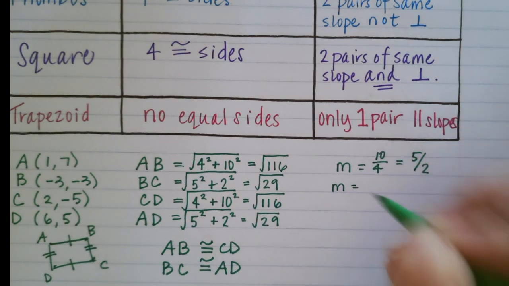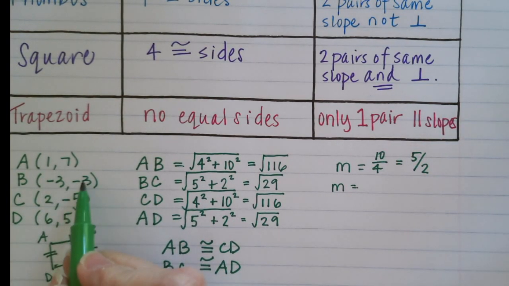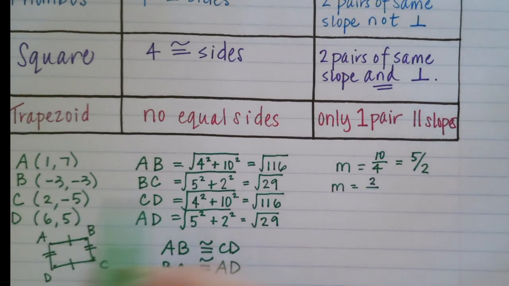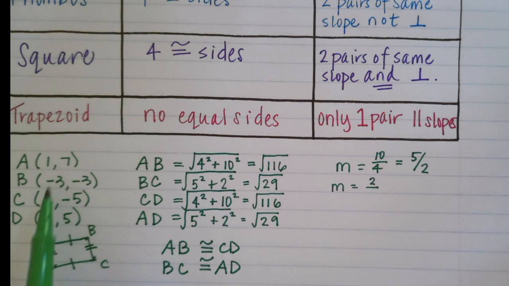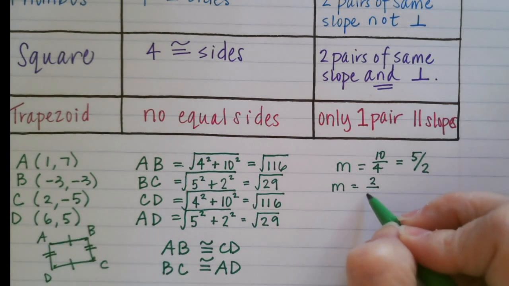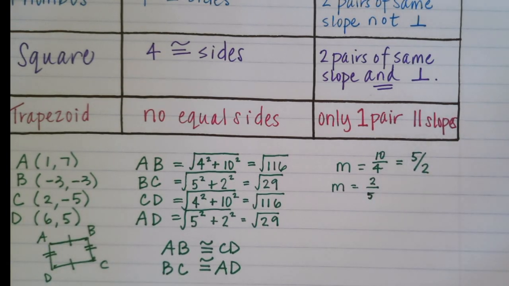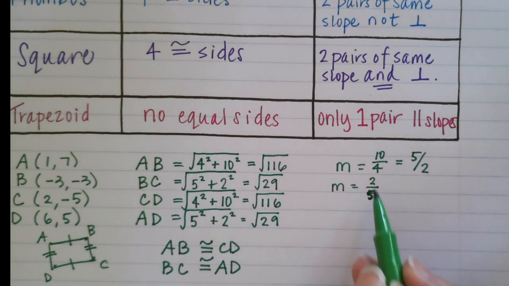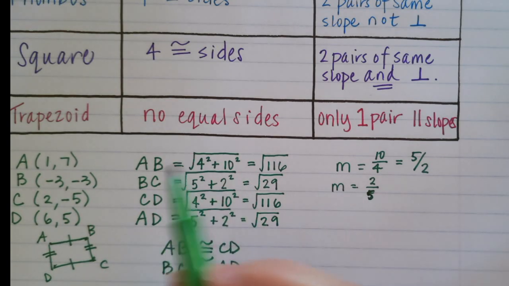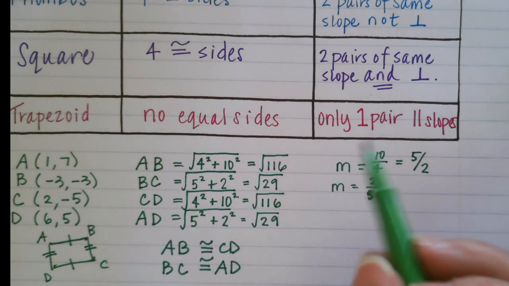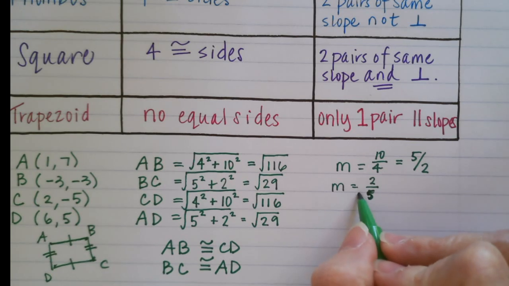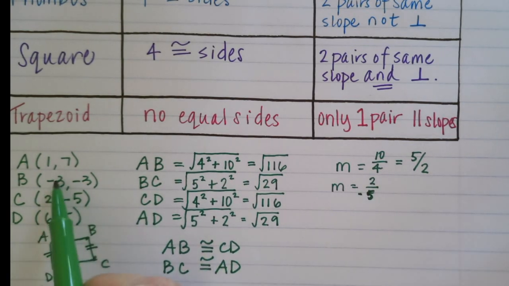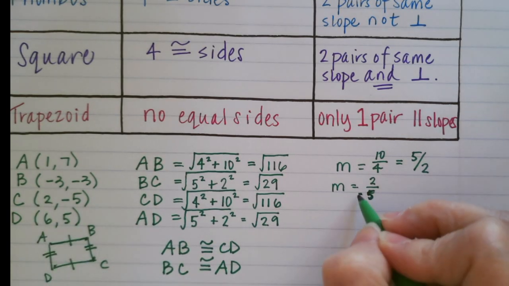For the slope of BC, y minus y would be 2, and x minus x is 5. So the slope of line BC is 2/5. Oh wait, sorry, that's a negative right there. Y minus y is positive 2, x minus x would be negative 5.